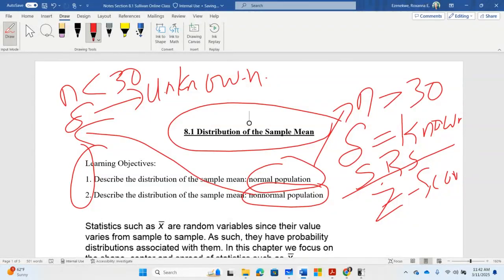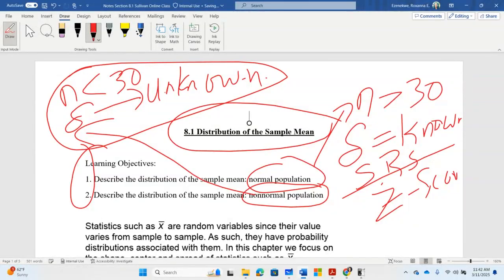Whenever this happens, we are going to be using what is called a t-distribution. In a non-normal population, we use t-distribution. In other words, when the sample size is less than 30 and the population standard deviation is unknown, it's a question for t-distribution.